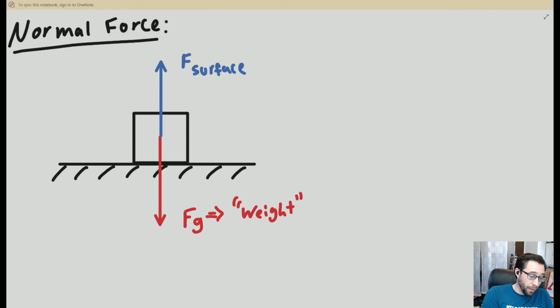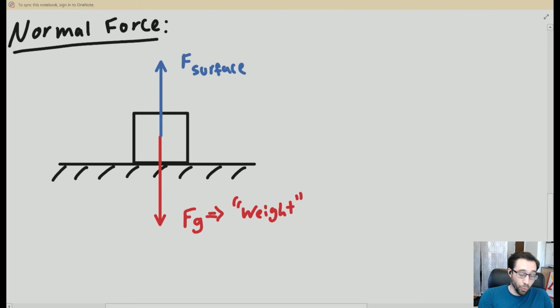So anytime that there is a force reacting to, or a force that's being imposed on an object from a surface, we're going to refer to that as the normal force. Okay. So the word normal isn't referring to like ordinary or just run of the mill kind of deal.